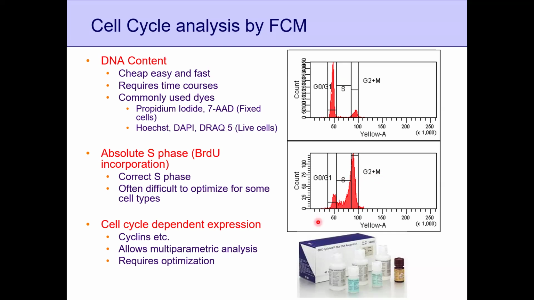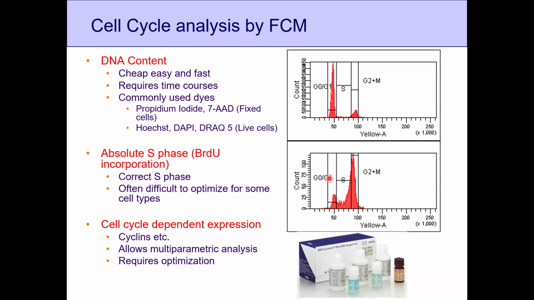For example, if a drug is hindering somewhere in the synthesis phase, the peak for G1, G0 phase is so large because the cells will not move forward. When a drug targets your S phase, it actually blocks the S phase.